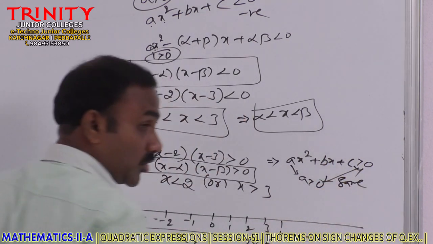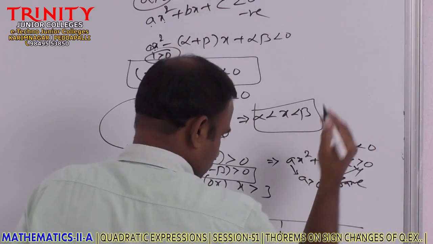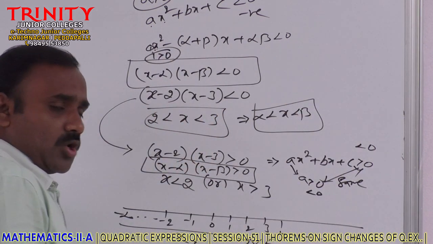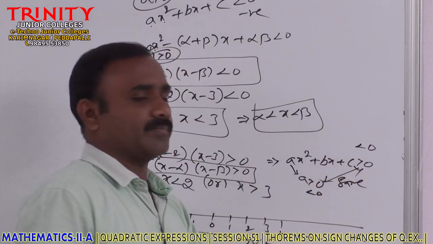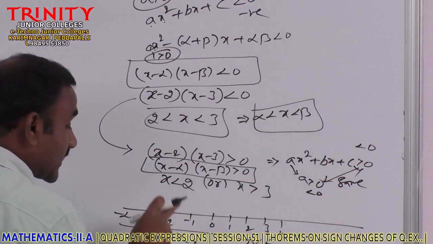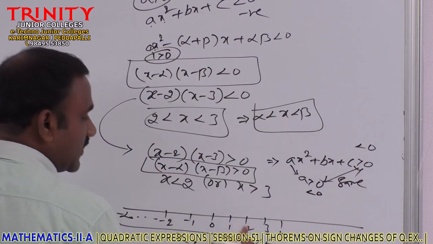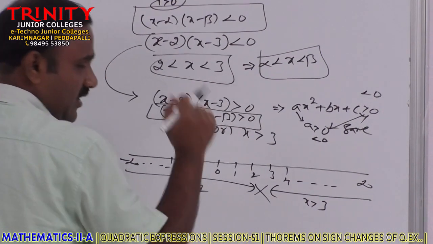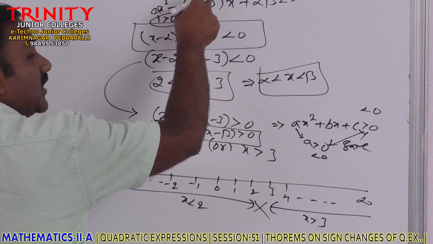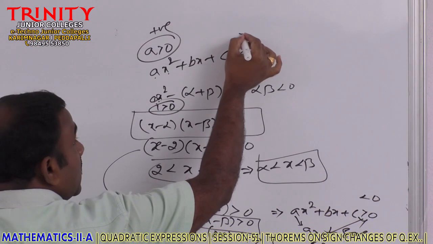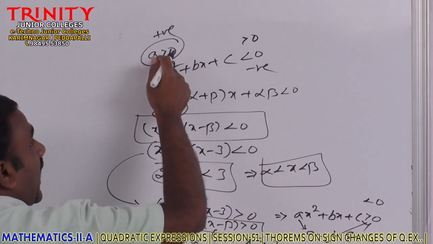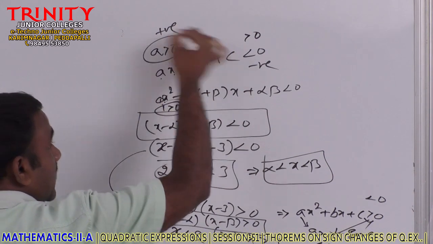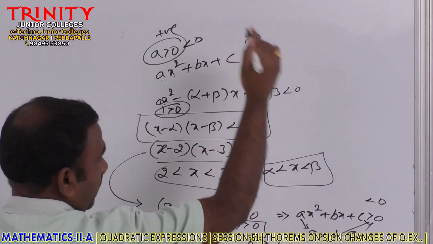Similarly, if the expression is less than 0 and a is also less than 0, both are the same. Then x doesn't lie in between alpha comma beta. Here, if the expression is greater than 0 and the coefficient of x square is less than 0, it means opposite sign.